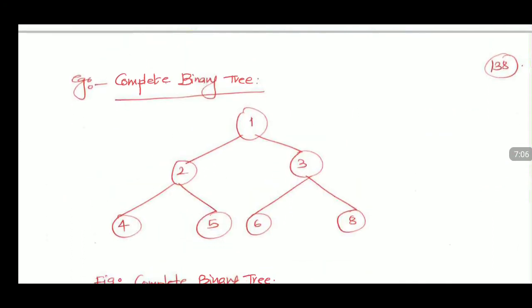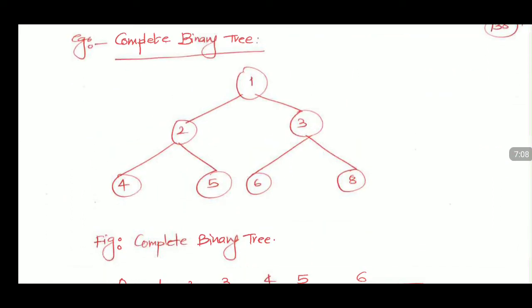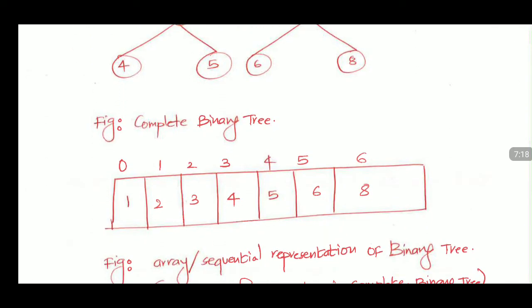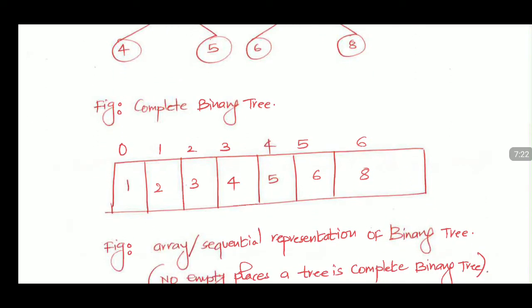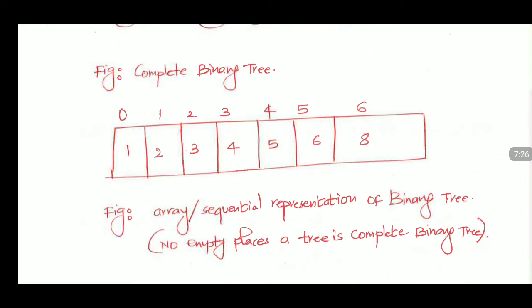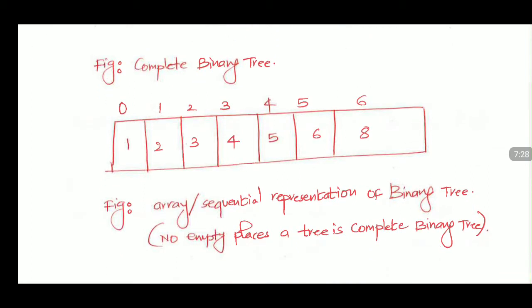Now, let us look at this example, which is a complete binary tree rooted at 1, with 2, 3, 4, 5, 6 and 8 as the elements. If I try to represent this as a sequential representation, it is 1, 2, 3, 4, 5, 6 and 8, that is, indices 0 through 6.